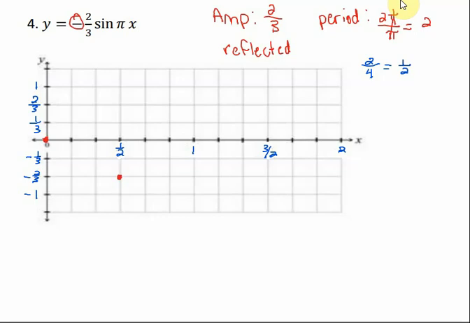Then we go back up to 0, and then instead of going down, we're going to go up now to 2/3, and then we go back to 0. And then we connect our points. And that's how we graph the sine and cosine functions and its translations.